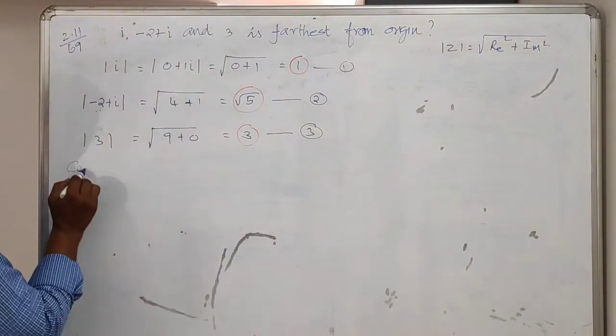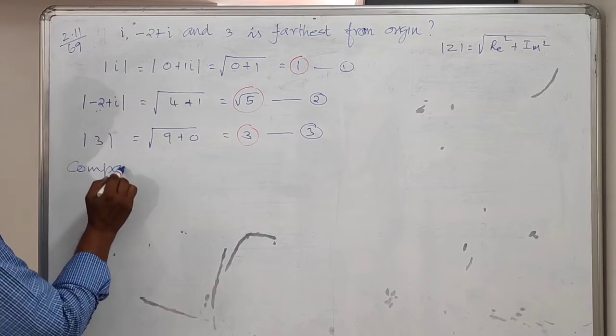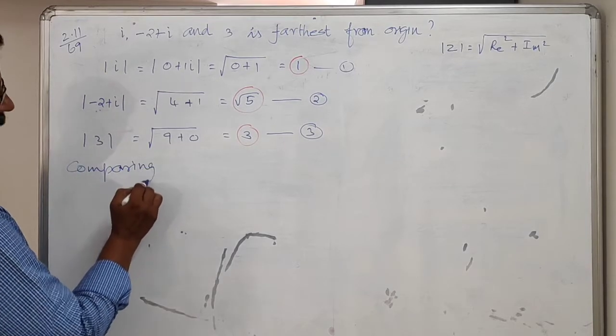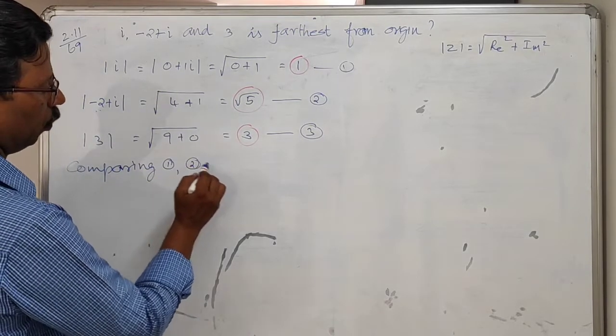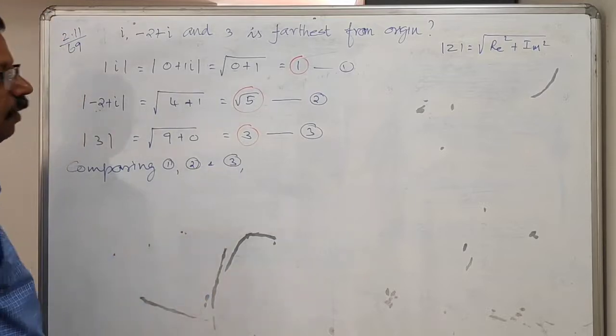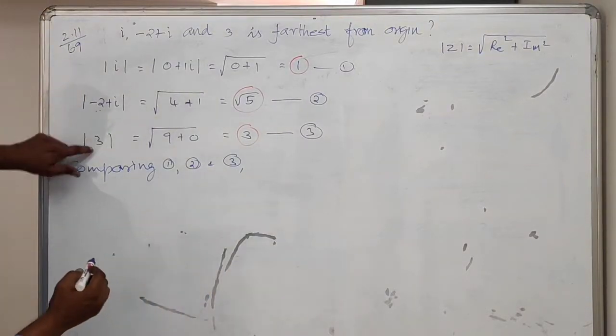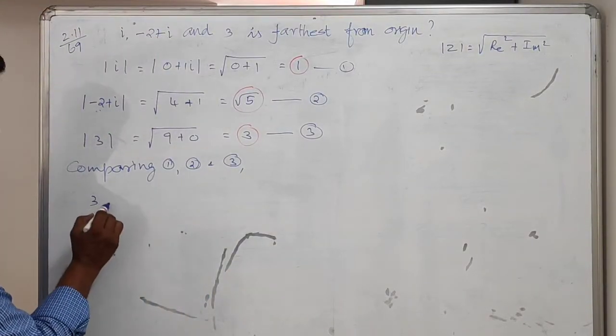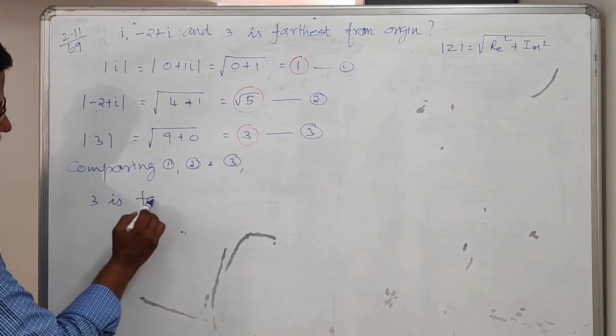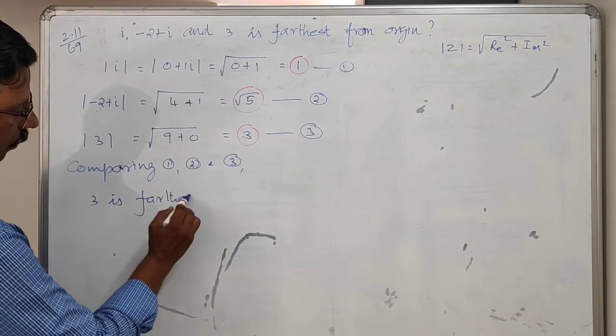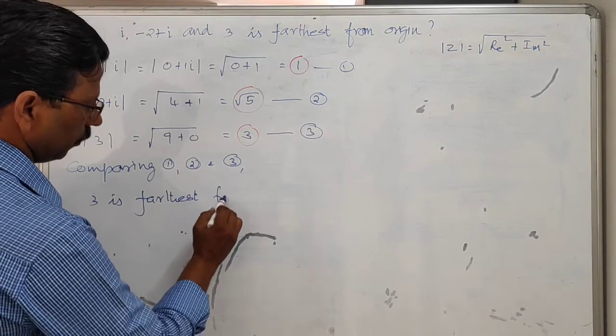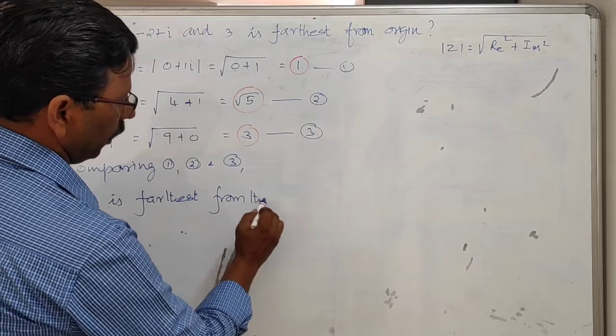Comparing 1, 2 and 3, we can say that 3 is farthest from the origin.